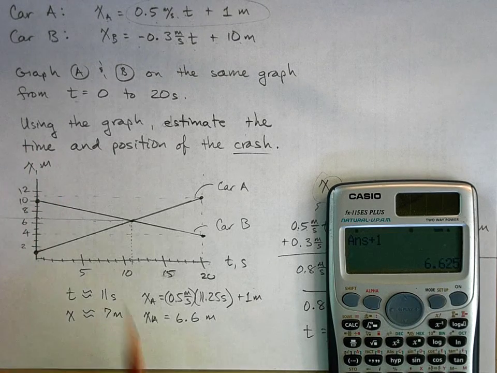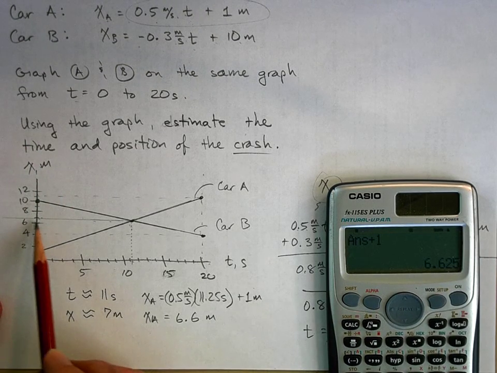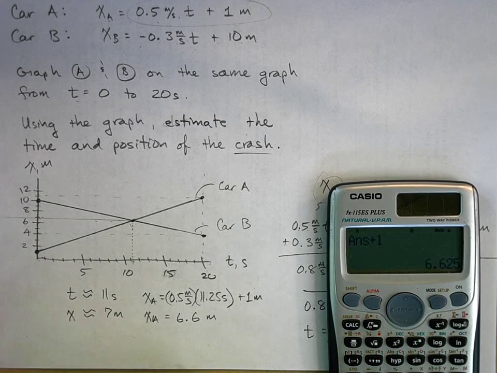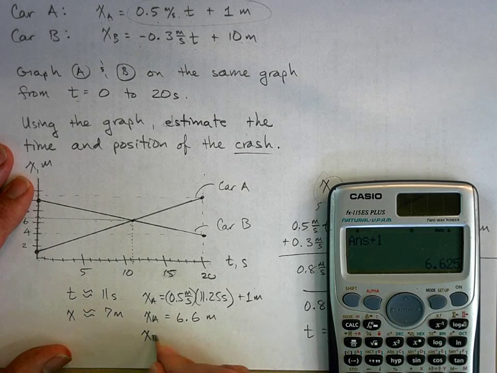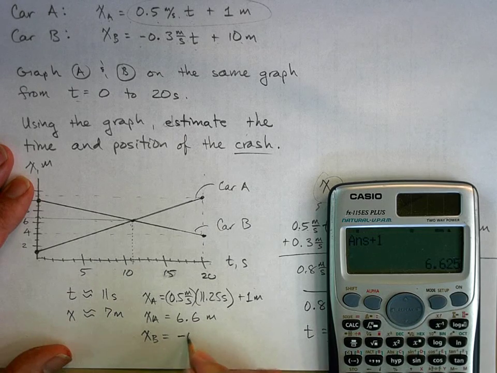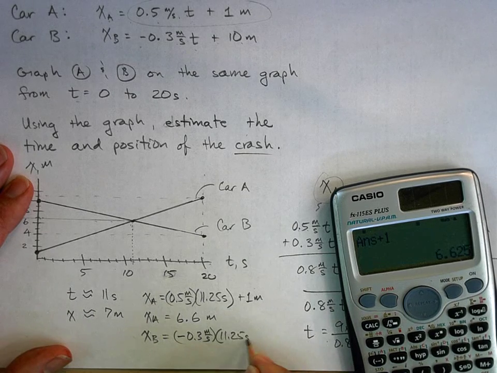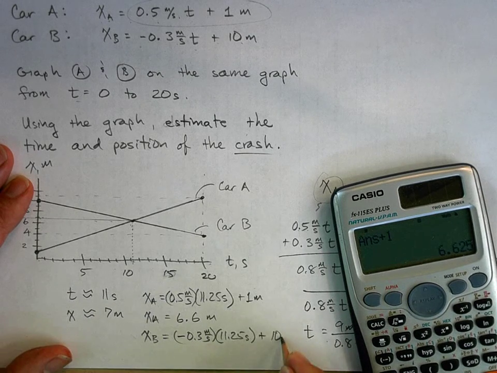Hey, look, looks like it is a little under 7, but now let's plug it into B and see if we get the same answer. Negative 0.3 meters per second at 11.25 seconds plus a starting position of 10 meters.